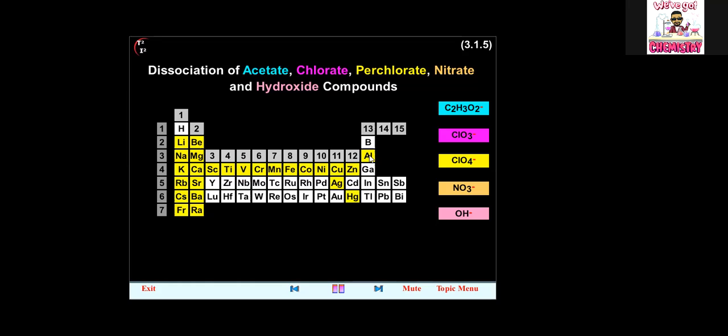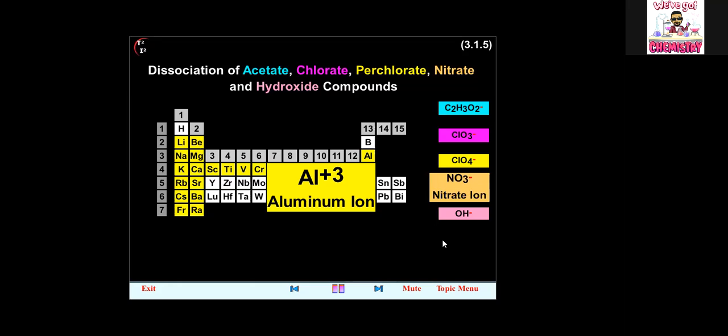Now let me pick aluminum. Al plus 3, aluminum ion. If I combine that with nitrate, what happens? NO3 minus 1, nitrate ion. Remember nitrates?